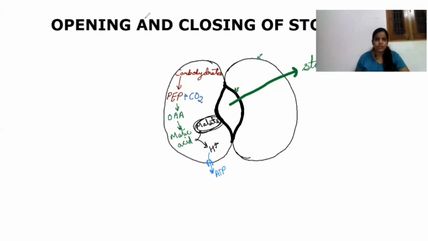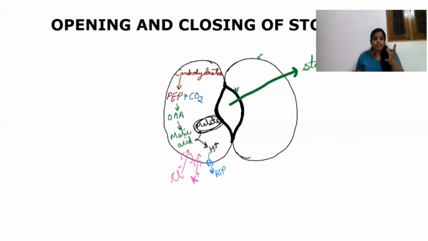Now, protons will come out of the cell, and meanwhile the potassium ions, K plus, are going to enter into the cell. To balance the ions, what else enters into the cell? Chloride ions, Cl minus. So we have two ions, one cation, that is the potassium ion, and another one is an anion, that is the chloride ion.